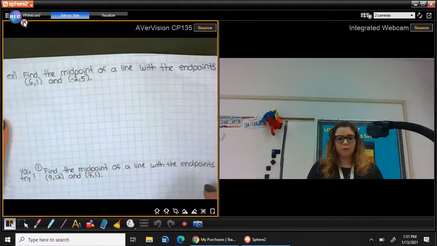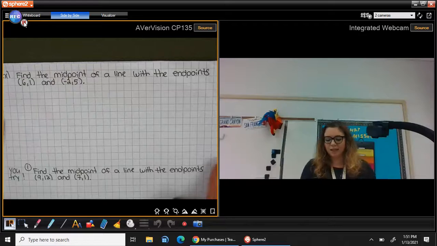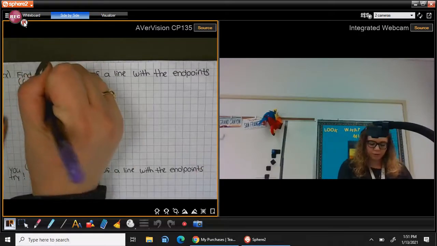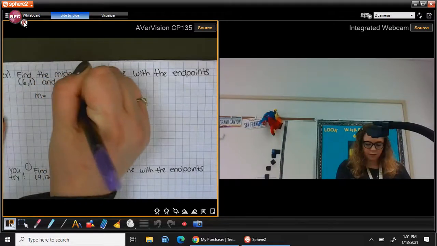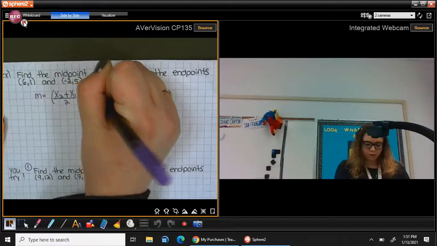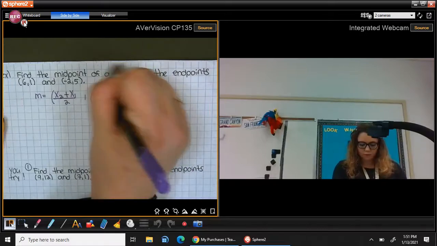So number 1, find the midpoint of the line with the endpoints 6, 1 and negative 2, 5. So the first thing I'm going to do is write out my formula. So I have x2 plus x1 over 2, y2 plus y1 over 2.